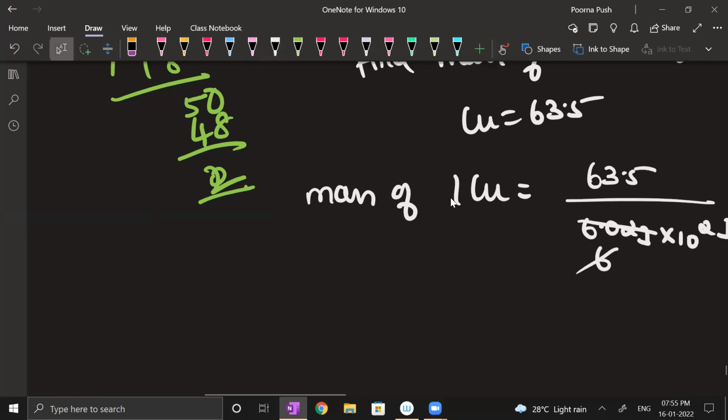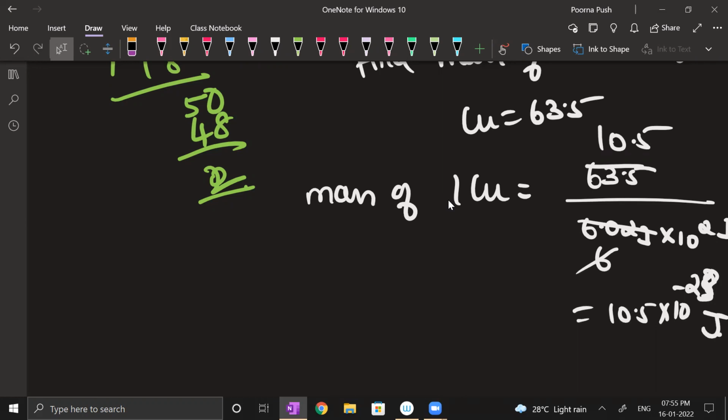If I take it as 6 also, it is 10.5 into 10 to the power minus 23 grams. Mass in grams. Okay, understood how to calculate?